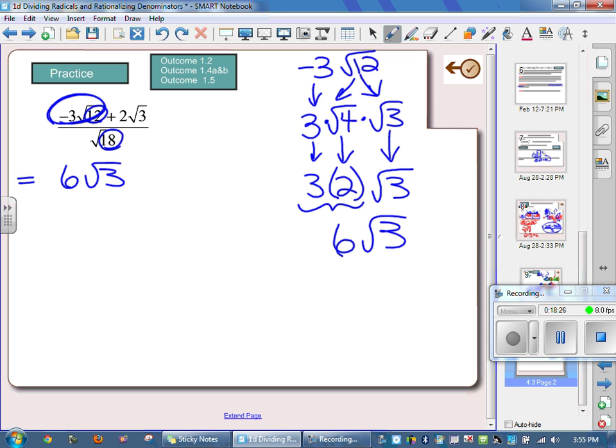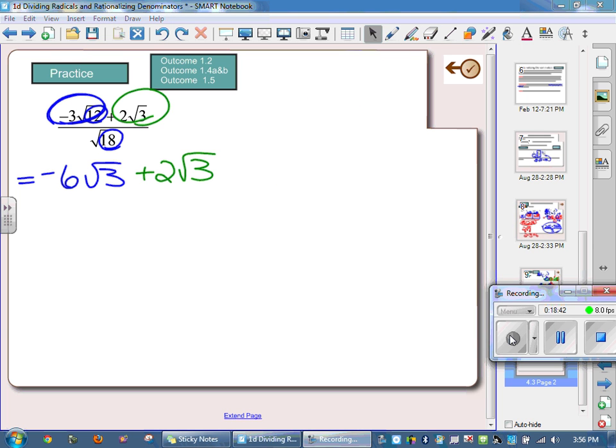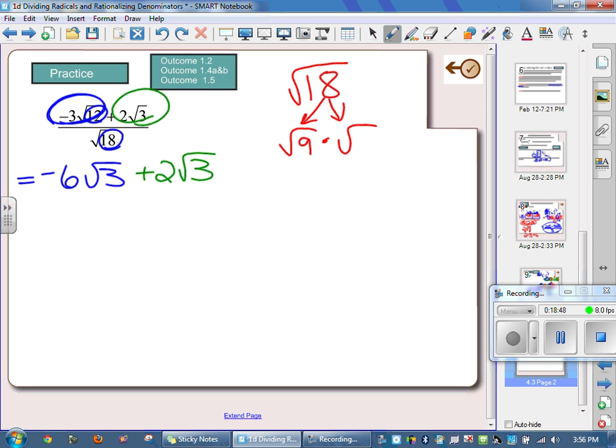Now I'm going to break down the root 18. I've got a positive 2 root 3 that's still on the top. He's in simplest form. Root 18 divides into root 9 times root 2. The root of 9 is 3, and the root 2 slides beside it.